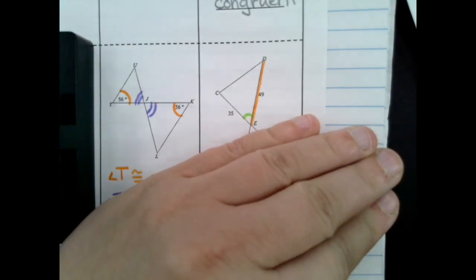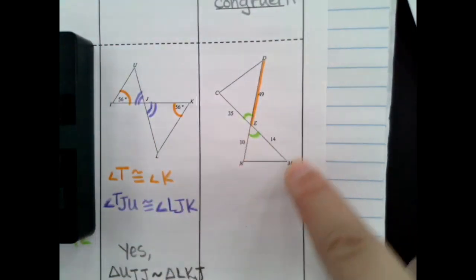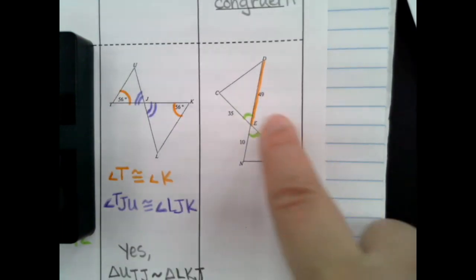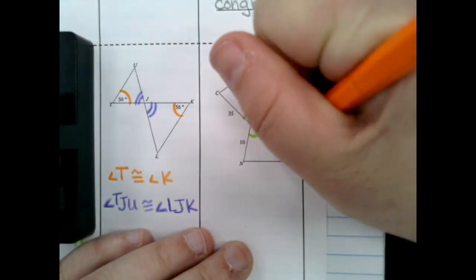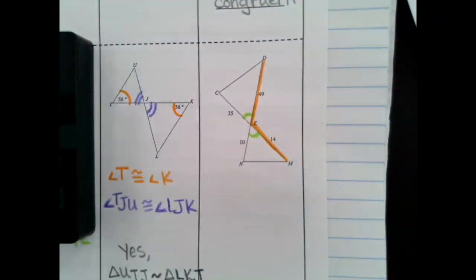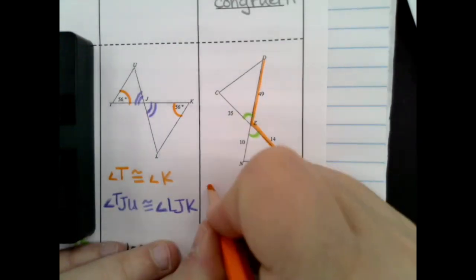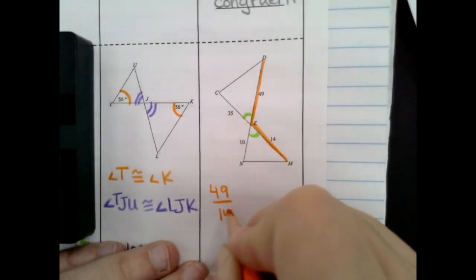In that top triangle, is 49 the bigger length or the smaller length? Bigger. So I want to compare the bigger length with the bigger length down here. What is that 49 going to match with in that bottom triangle? Matches with 14. In our brains, we might have wanted to match it with that 10 and think about it being like flipped over, but it actually matches with that 14. So 49 over 14.